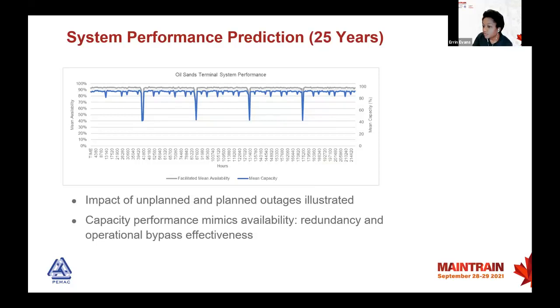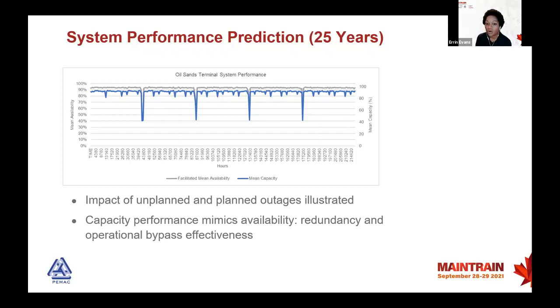The availability dips that we see, these major dips here, correspond to turnaround activities that they're performing. The next thing you've probably noticed is that the system capacity mimics that availability profile, but there are some dips here. Those dips are actually capacity restrictions from redundant trains.